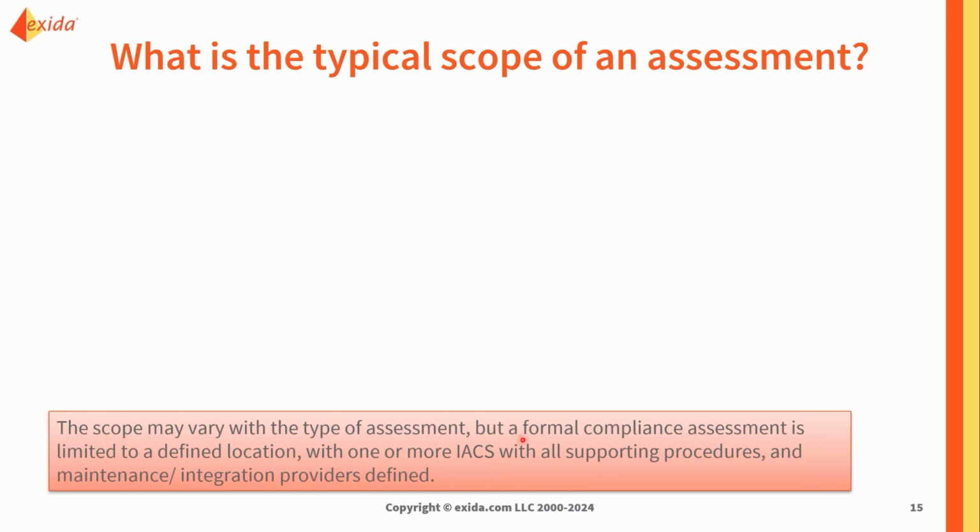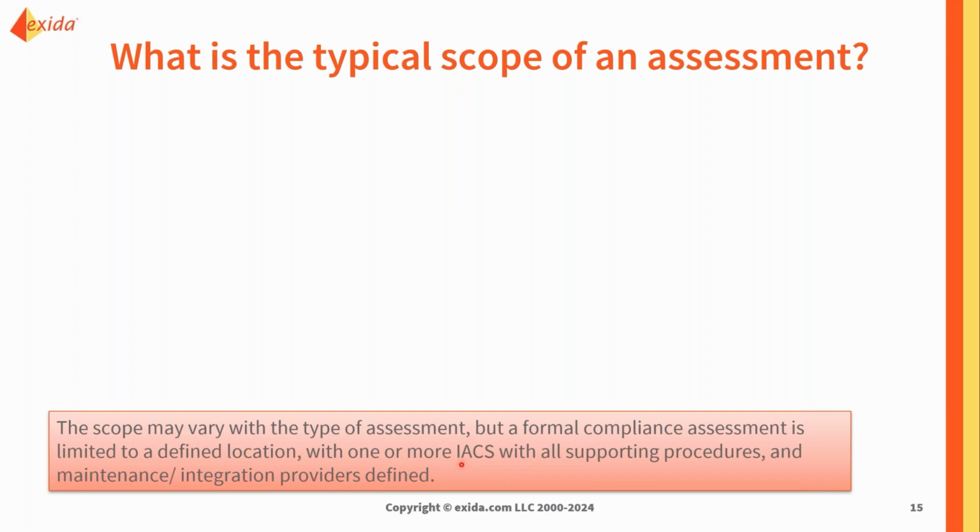But when it comes to a formal compliance assessment, where you're ultimately looking to get some sort of certification or inspection report, that is going to be defined to a single location with certain systems, specifically identifying what hardware and software is on it, and who the maintenance and service providers are.